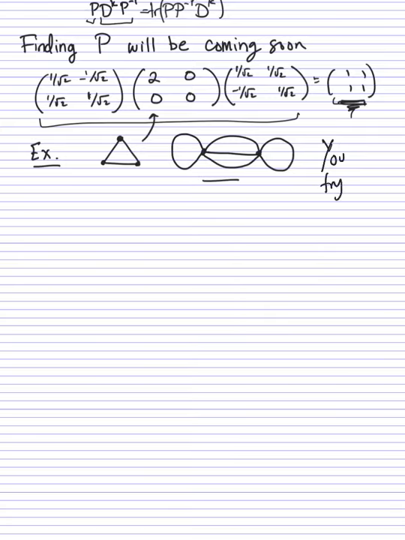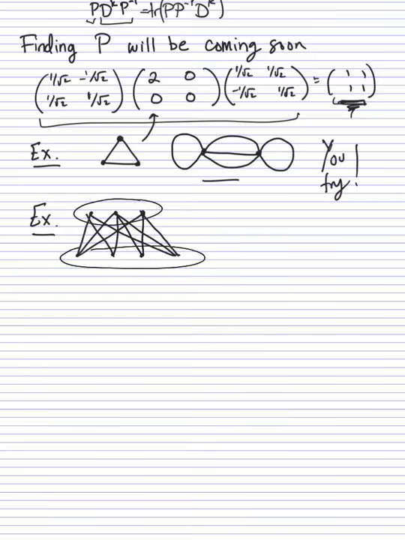Another class of examples which you can play around with: you can look at things like bipartite graphs, maybe complete bipartite graphs. So you take two sets of vertices, with an edge between every pair of vertices, one from one set and one from the other set.